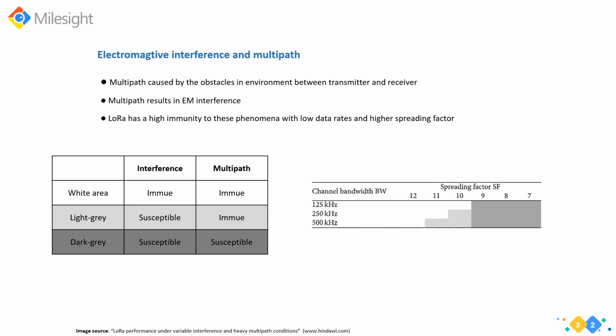So the multi-path phenomena will result in interference. And according to experimental testing, LoRa has a very high immunity to this kind of phenomena, especially at low data rates, the higher spreading factors.